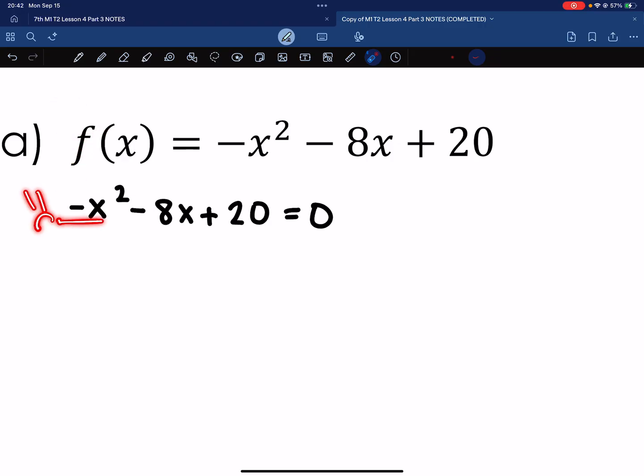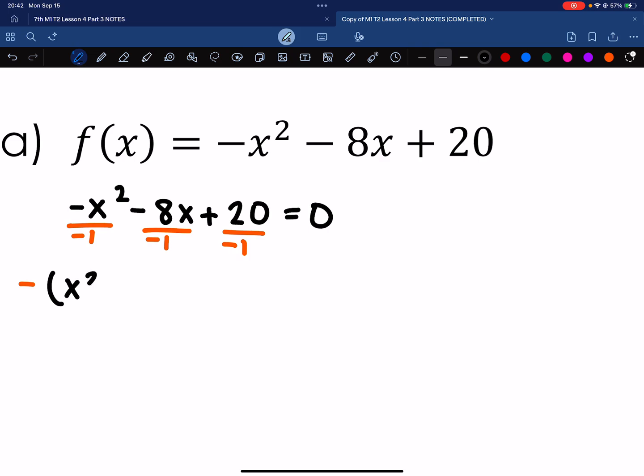It makes us sad. So we need to factor out a greatest common factor, which is the negative. I'm going to factor out a negative, which essentially means I'm dividing each term by -1, but that negative goes out in front. When I do that, I get a positive x squared, a positive 8x, and a -20.